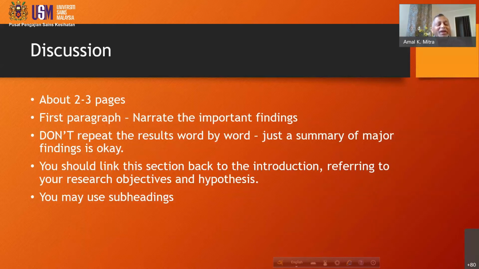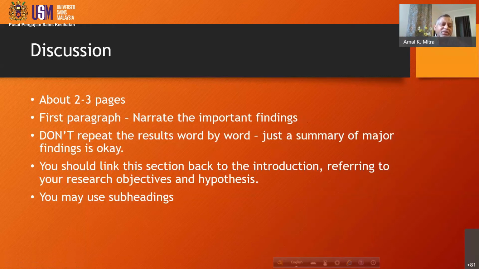I said this is the discussion because I have seen many problems in writing discussions. So what should you write in the first paragraph? Very important. You narrate the important findings.